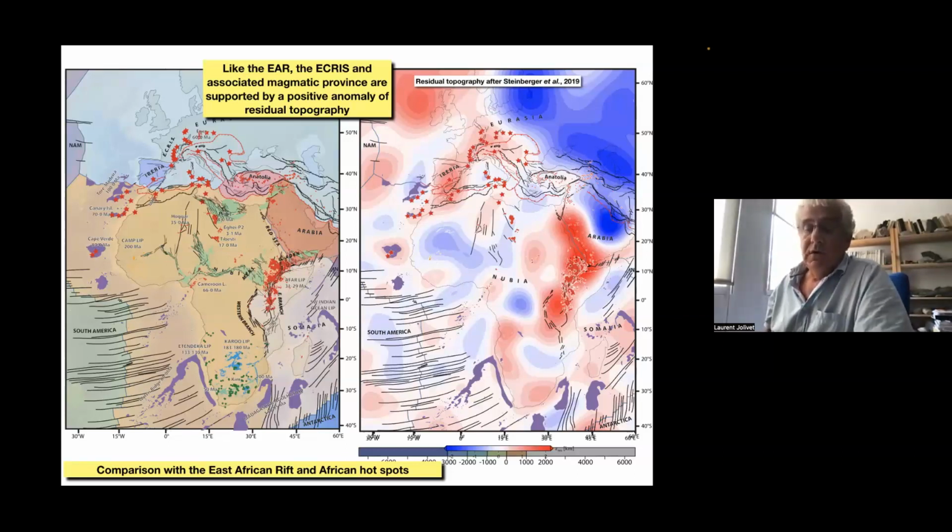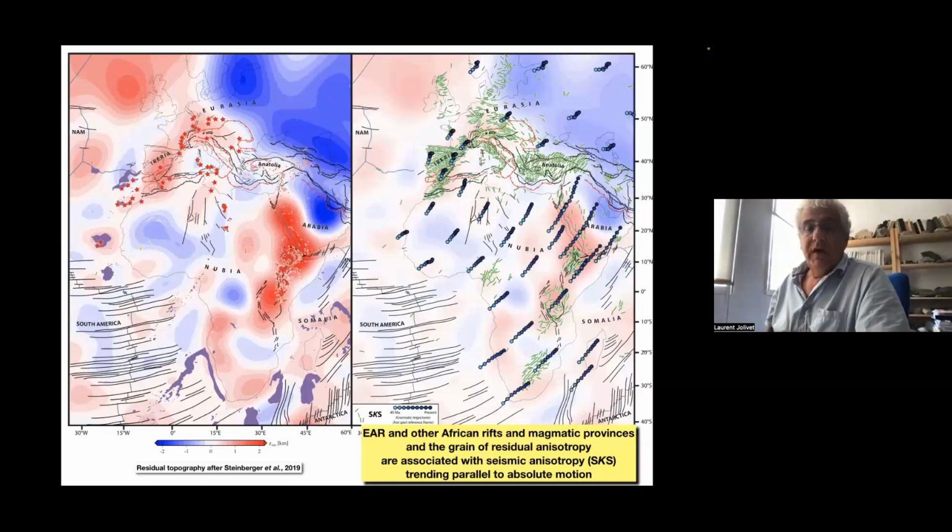And you see that it's very clear for the East African rift. It's quite clear for Western Europe, and it's also quite clear for the Cameroon line and the Benue rift in the middle. Then what is interesting too is that these magmatic provinces and the residual topography anomaly are also parallel to the absolute motion of Africa and Eurasia.